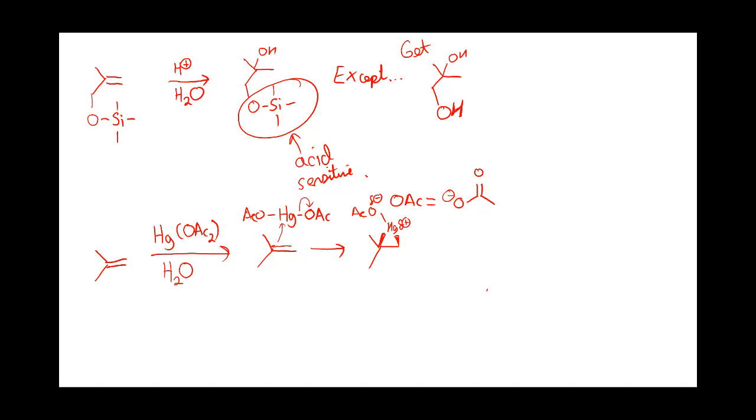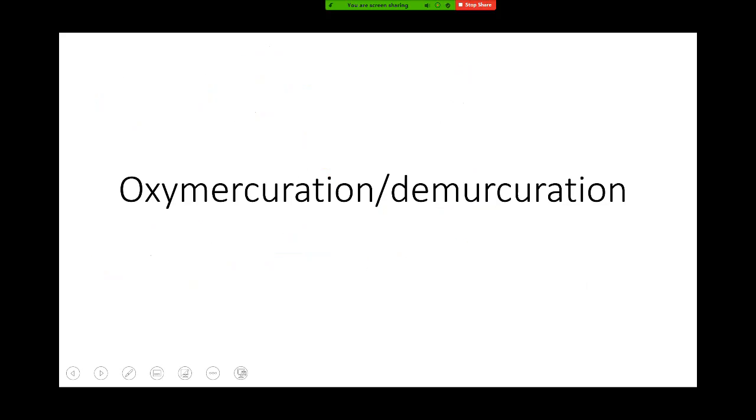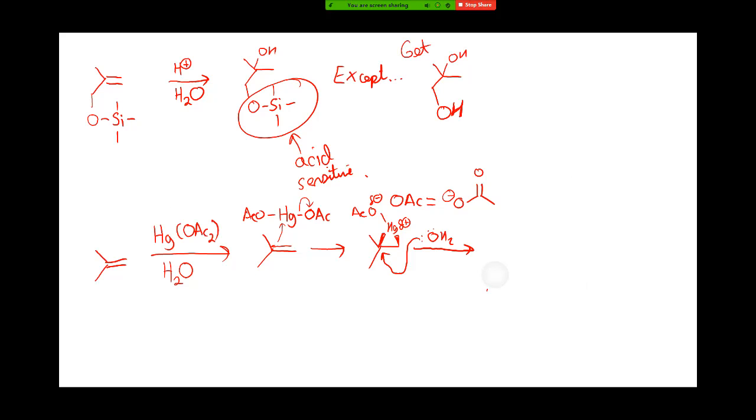Now, if you have a delta plus with a 3-membered ring, this behaves exactly the same way we've seen 3-membered rings with delta pluses behave for the last few weeks. So what else is present? Well, there's water. And so the water comes in exactly where you expect it to, the more stable carbocation, because again, partially positive mercury pulls electrons away from the carbons, and I get something.